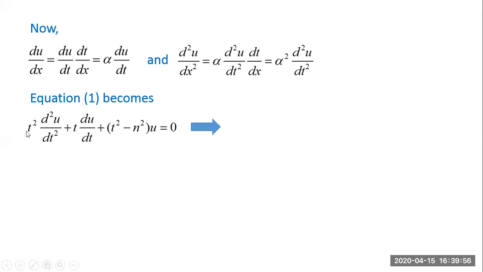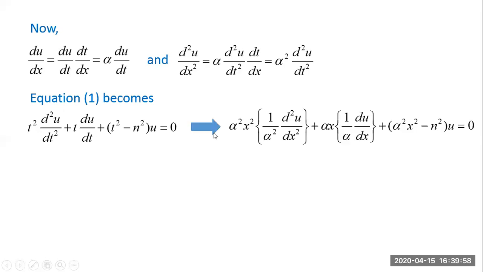So t is alpha x, so t square becomes alpha square x square. d square u by dt square is 1 upon alpha square into d square u by dx square. t is alpha x, du by dt from this is 1 upon alpha into du by dx, plus t square is alpha square x square minus n square into u equal to 0. Here cancel alpha square and alpha.